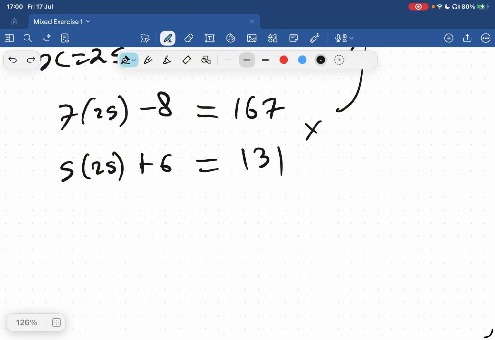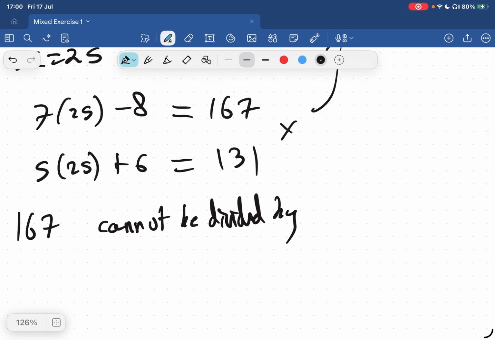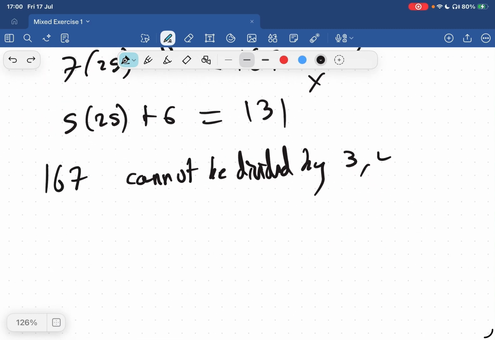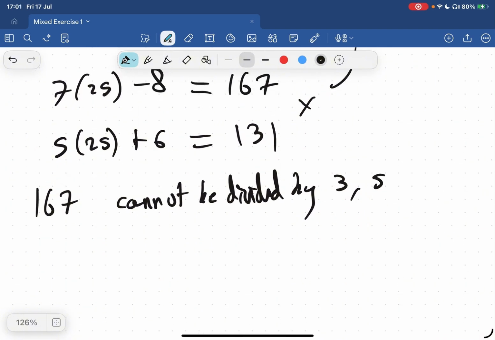The easiest way to do this would be to check that 167 cannot be divided by smaller numbers. We know it can't be divided by 3, because 150 is divisible by 3 and 17 is not divisible by 3. It can't be divisible by 4 because it's not even. It can't be divisible by 5 because it doesn't end in a 0 or a 5.